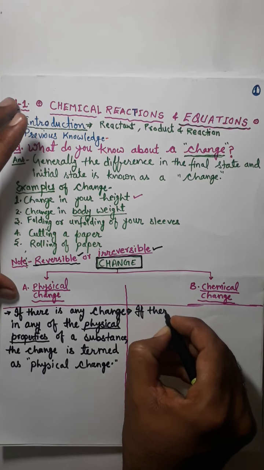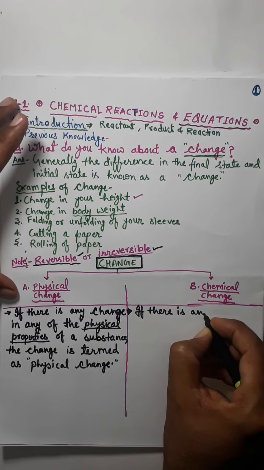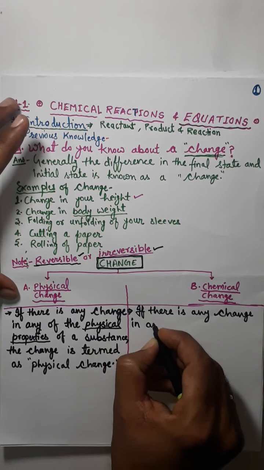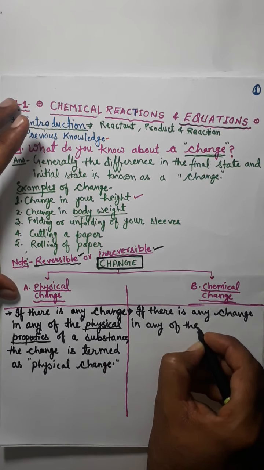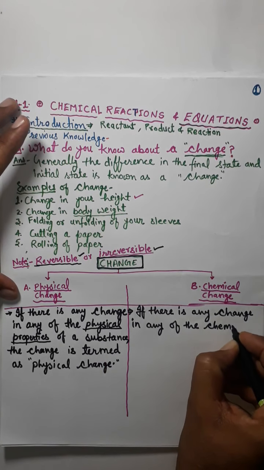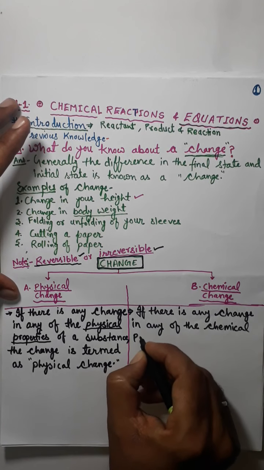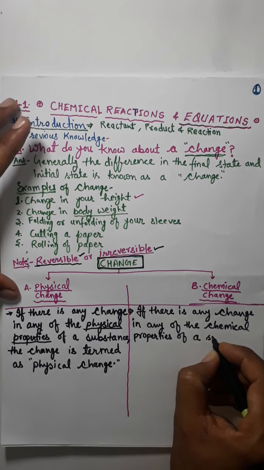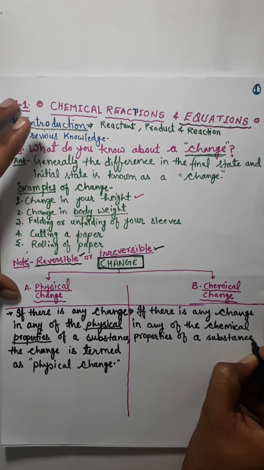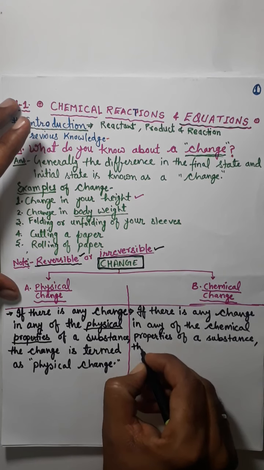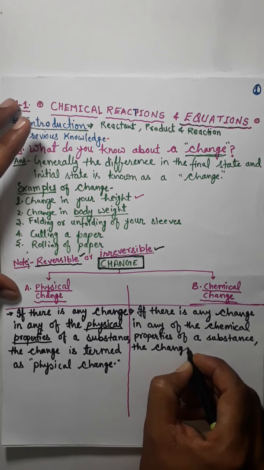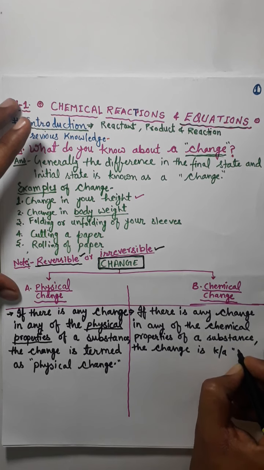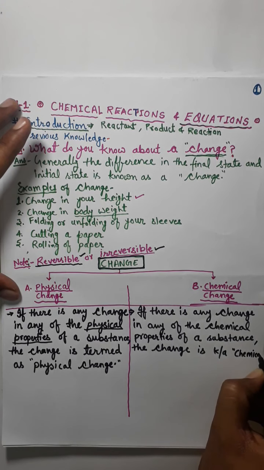If there is any change in any of the chemical properties of a substance, the change is known as chemical change.